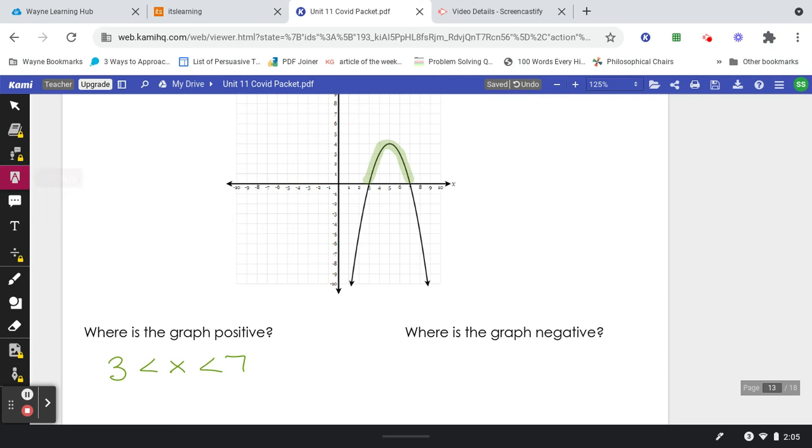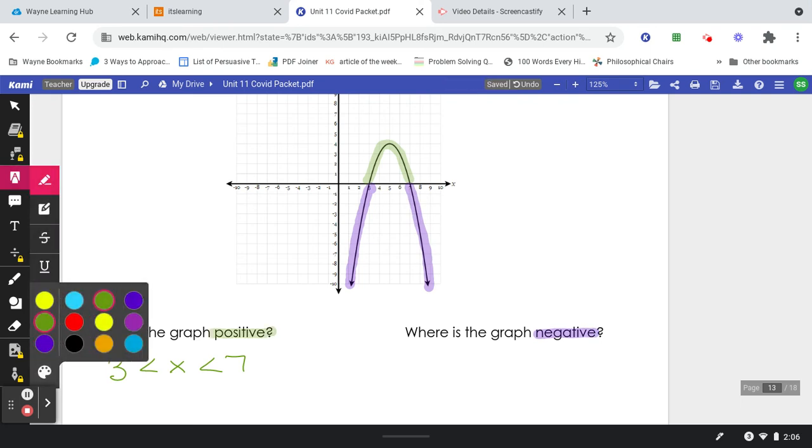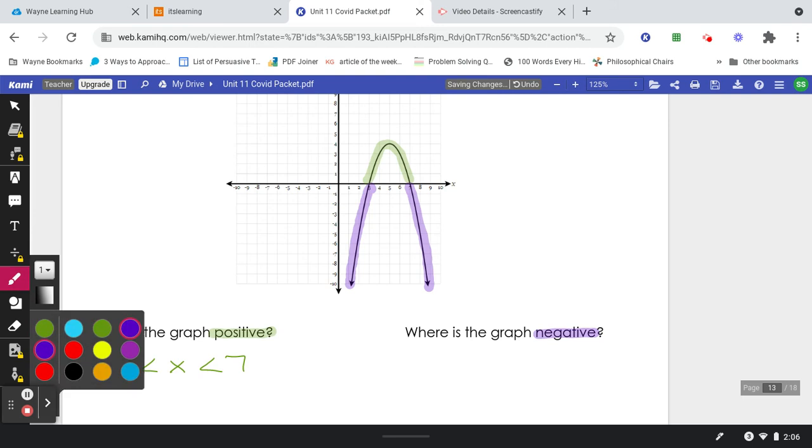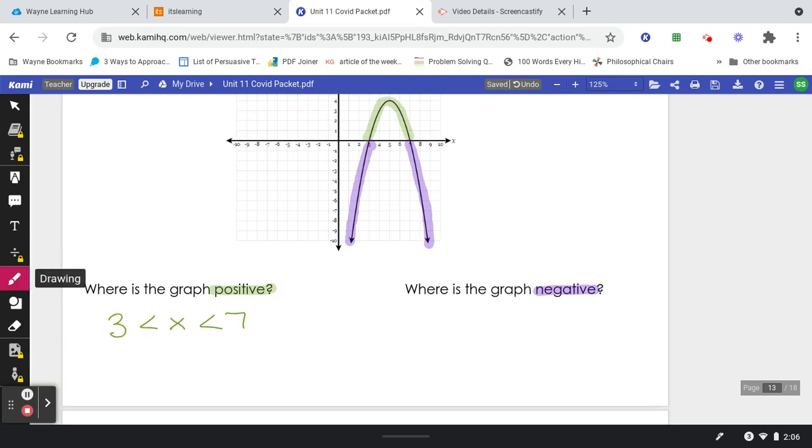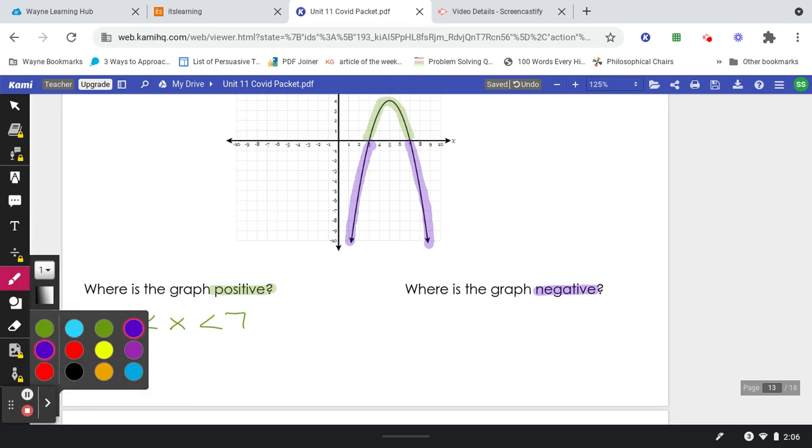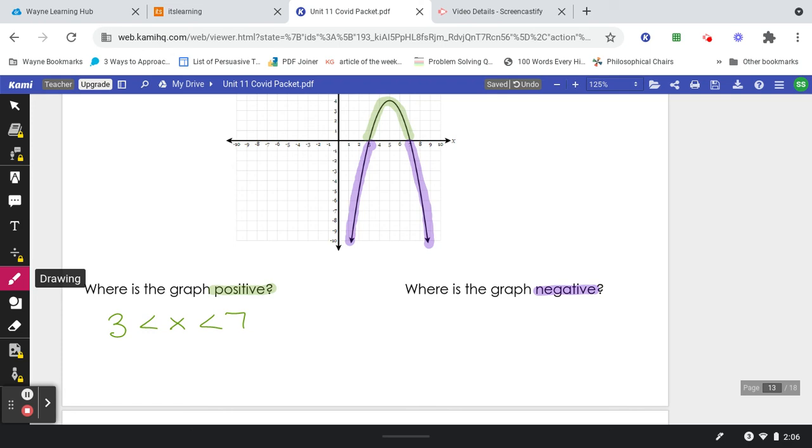Now, where is the graph negative? That would be this section right here, as well as that section right here. So, because that kind of goes on forever, we're going to be marking that as negative infinity.